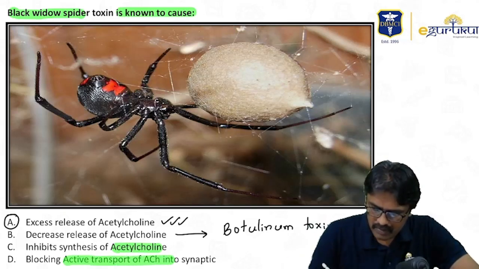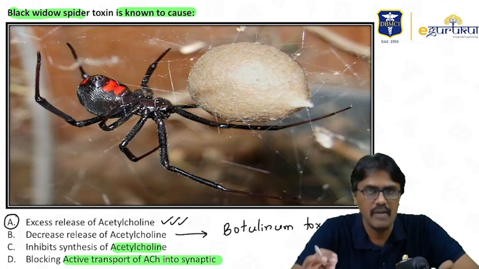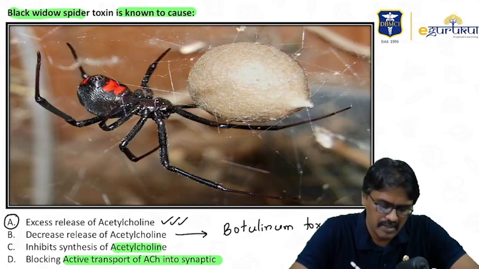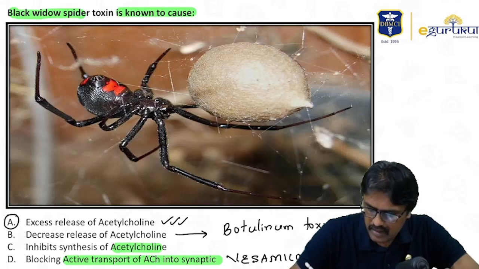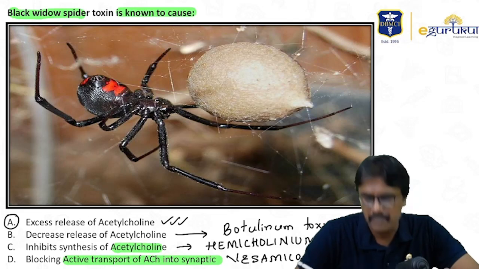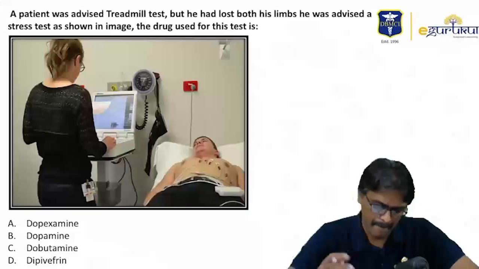Blocking active transport of acetylcholine into the synapse is done by VAChT, and that is inhibited by vesamicol. So this step is blocked by a drug called vesamicol, and this step is blocked by a drug called hemicholinium. That is the name. So this is the black widow spider toxin.